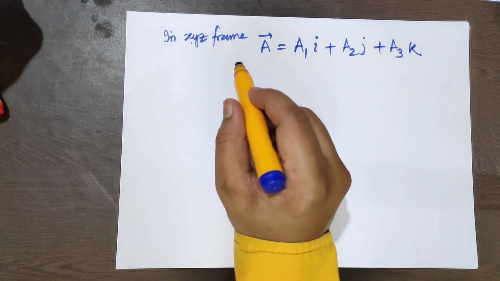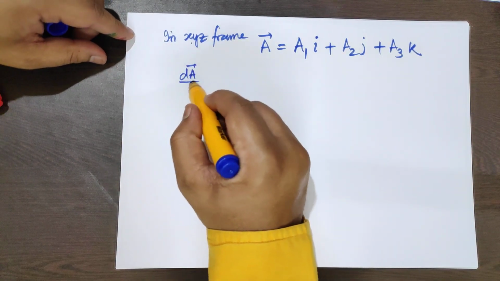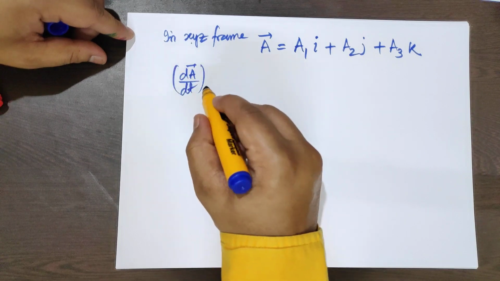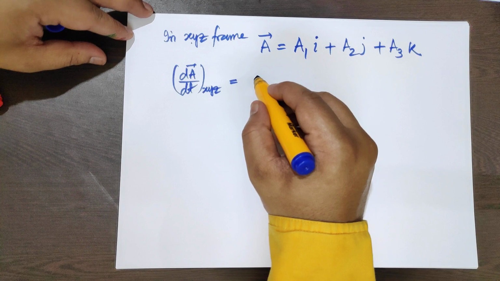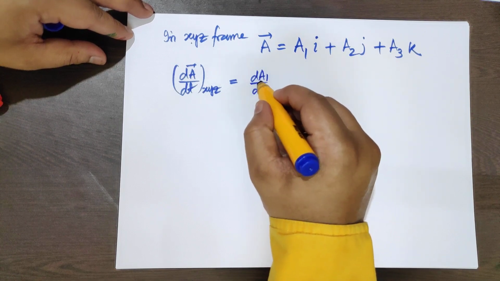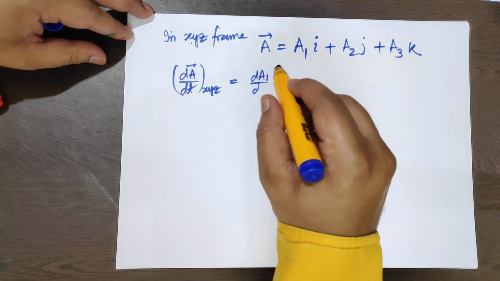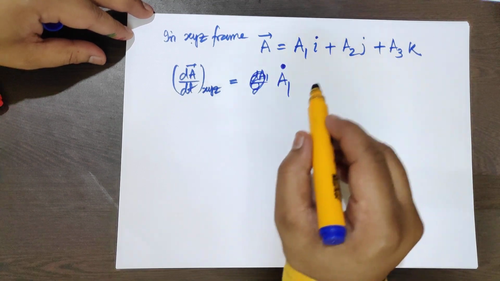So dA/dt with respect to small xyz is a1 dot into i plus a2 dot into j plus a3 dot into k.